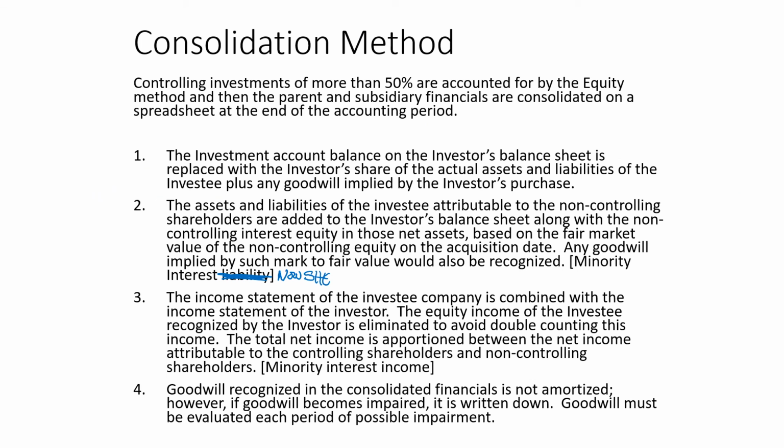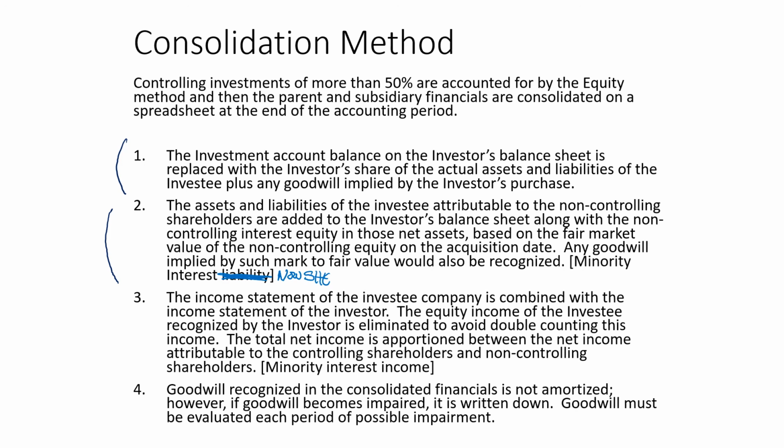So how do you consolidate? Well, during the year, the investor, or the one company that has invested in the other company, will have one line on its books called investment in X company. And that stays there for the year, but then at the end of the year, you put them together so that the assets and the liabilities are combined and you eliminate any redundancies.